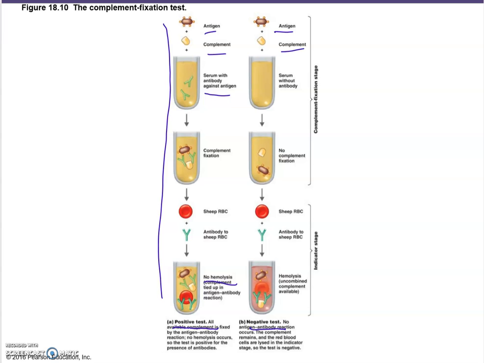The serum does not contain any antibody, and so now the antigen-antibody interaction is not there, and complement does not get activated. So now you get hemolysis because the complement, they're not coated, these red blood cells.